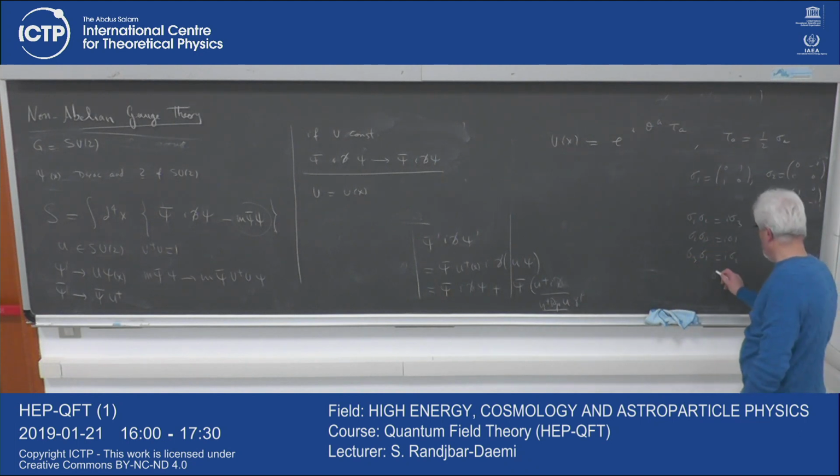In other words, sigma i sigma j equals i epsilon ijk sigma k plus delta ij.